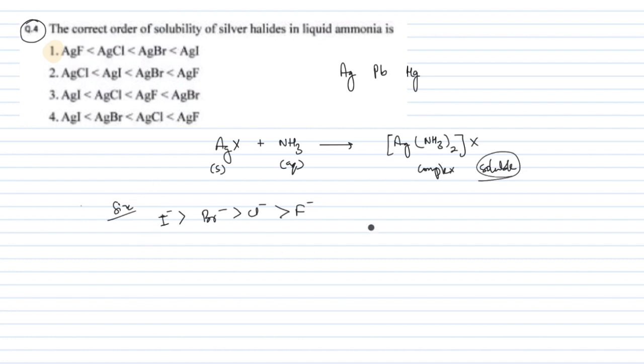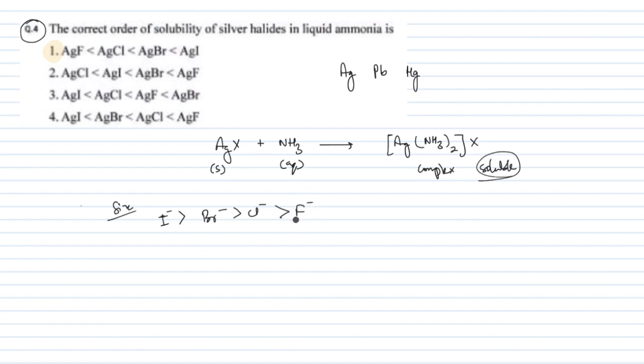So based upon the size factor, the bigger the size of the halide, the more stable or more soluble this particular complex will be in that solution. So this soluble complex will be formed more if you have iodide as the halide over there, and it will be least if you have fluoride as the halide.